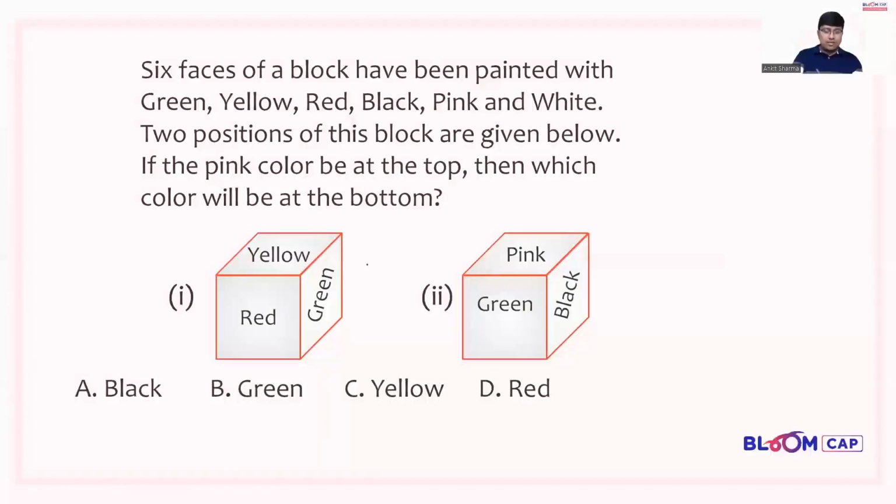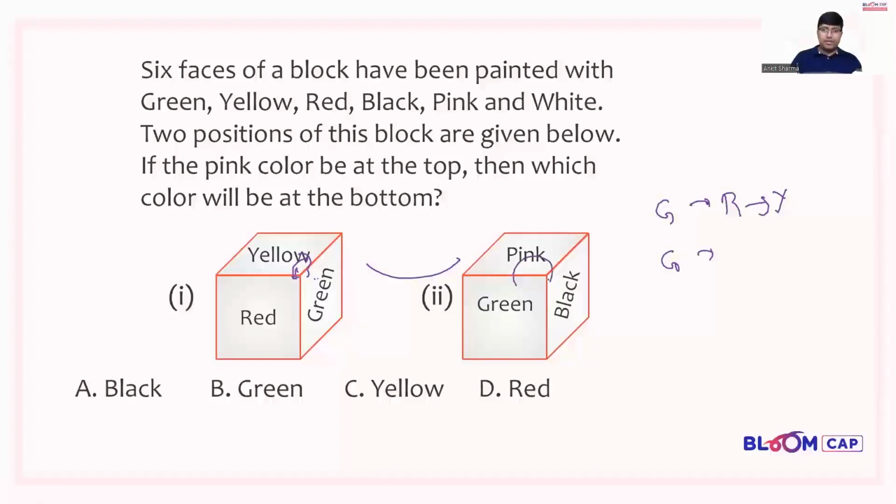Now in these two, if you see, my dear students, yellow, red, green, green is common. So from green, start in clockwise direction. In the first one, from green you will first come to red and then yellow. You also have the freedom to go in anti-clockwise. So from green, red and then yellow.